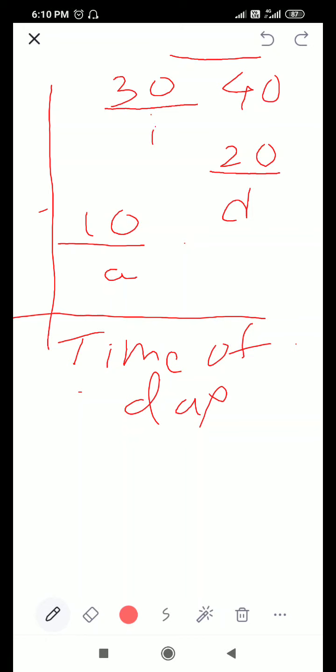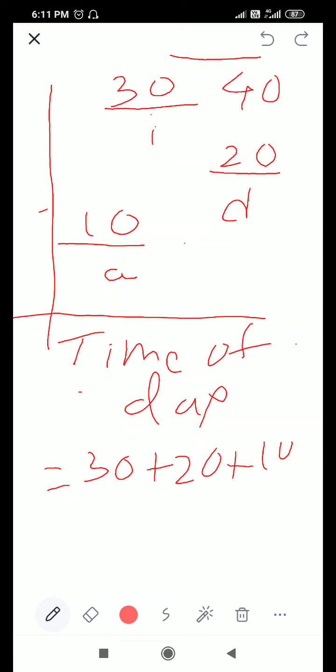Okay. So what is the sum of individual peaks, the maximum demand? Sum of individual maximum demand would be 30 plus 20 plus 10. Okay, A plus D plus I. And what is the actual peak demand of the combination?